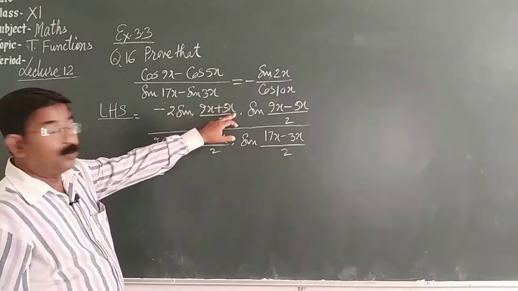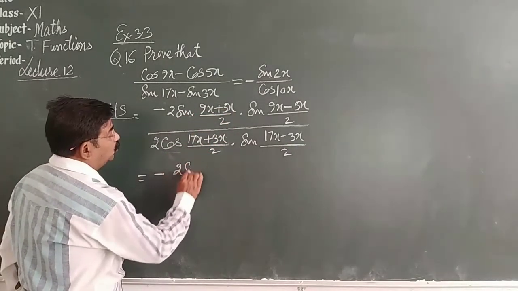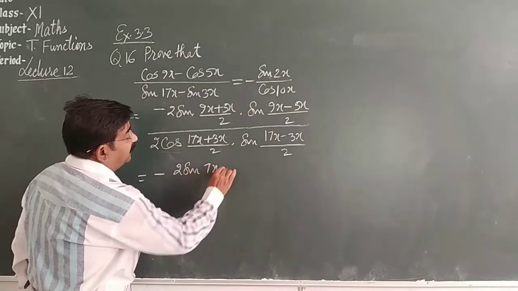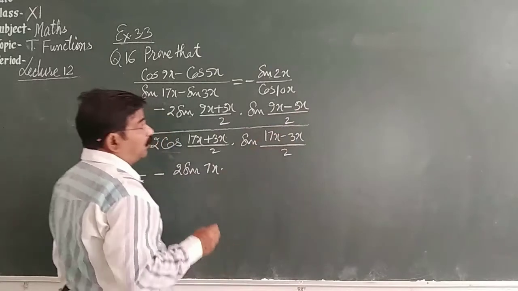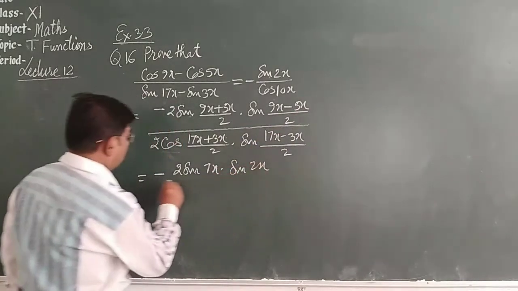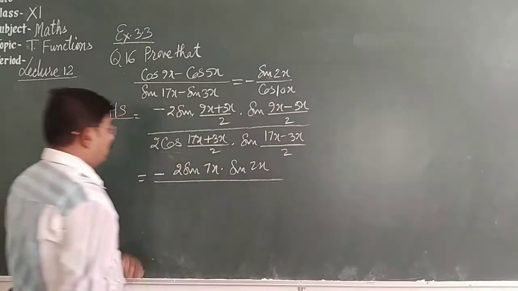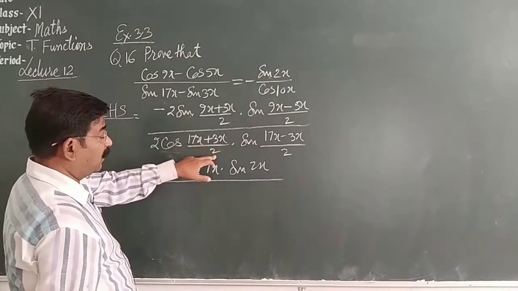9 plus 5 is 14 by 2, that is 7x. So we have 2 sin 7x. Here we have sin, 9 minus 5 is 4 upon 2 is 2, so sin 2x, upon, see here we have 17 plus 3, 20 by 2 is 10.